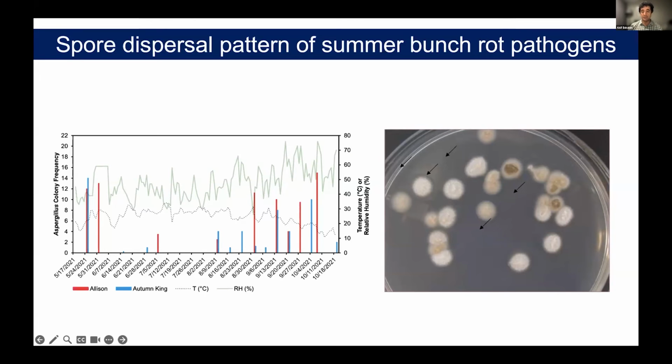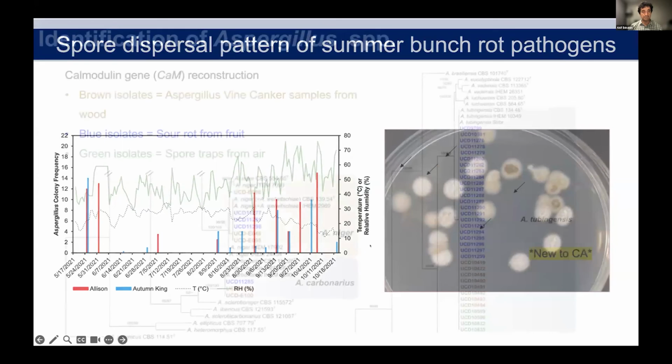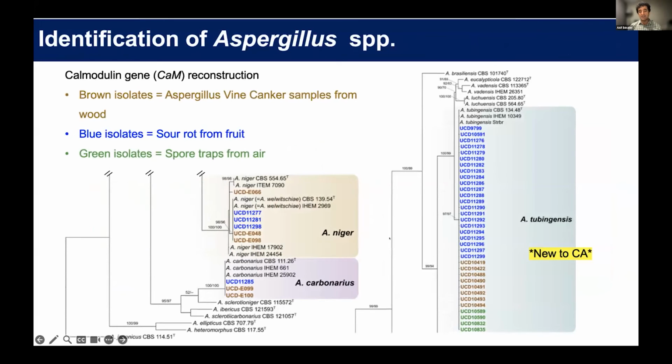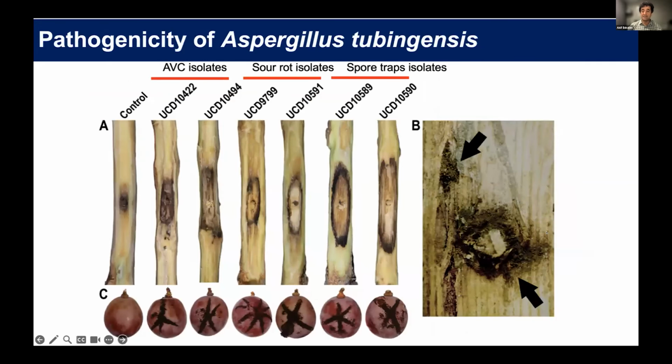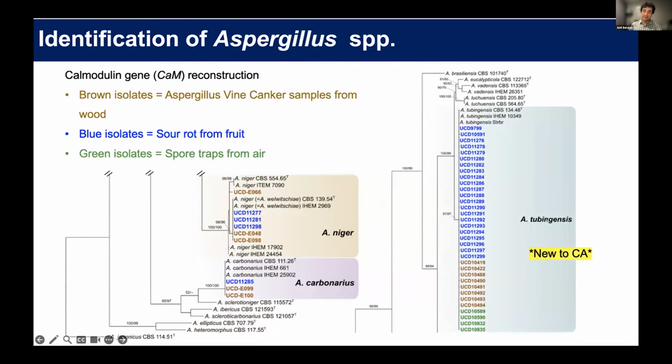So that's the epidemiology part of the pathogen. We identified three different Aspergillus species: Aspergillus niger, carbonarius, and tubingensis. Tubingensis seems to be new to California. It hasn't been found on grapevine. We still don't know whether this tubingensis has been around in California, but now we have access to molecular identification techniques that let us distinguish among those species.